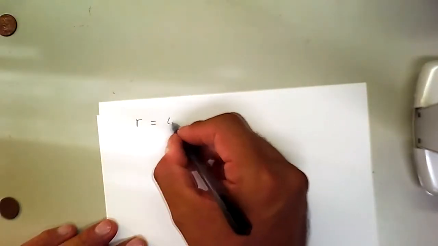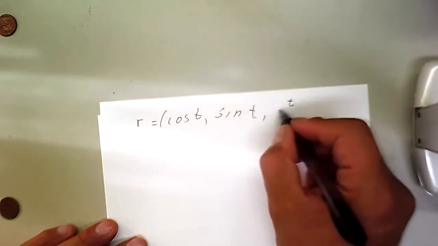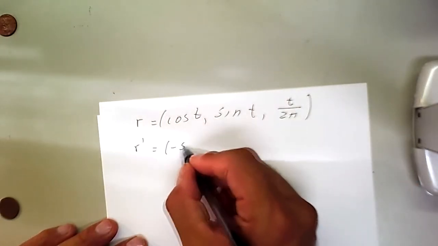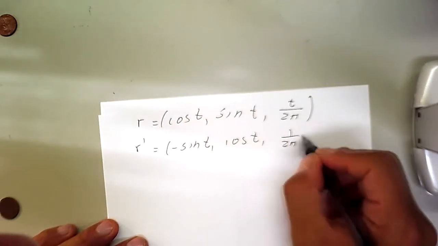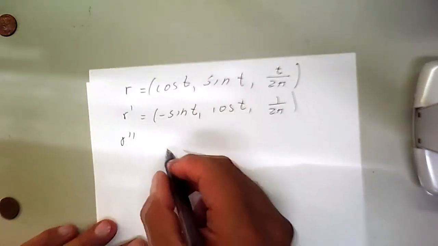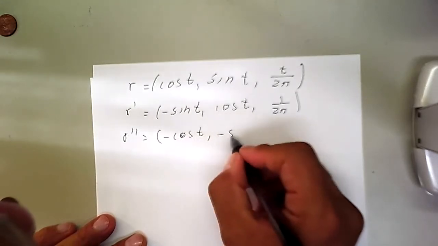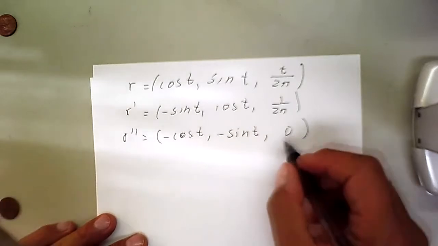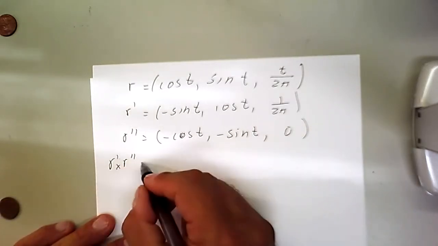So let me copy again. R equals cosine t, sine t, t over 2 pi. R prime equals negative sine t, cosine t, 1 over 2 pi. R double prime is negative cosine t, negative sine t, 0. The cross product, R prime cross R double prime.